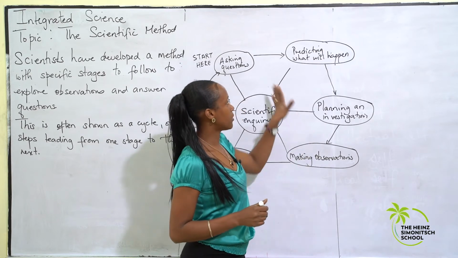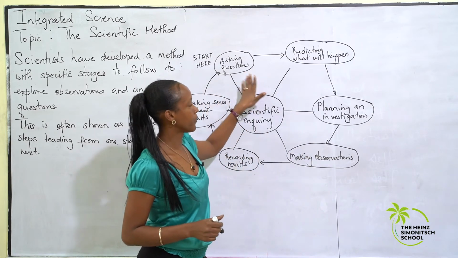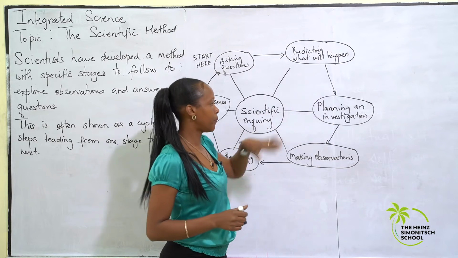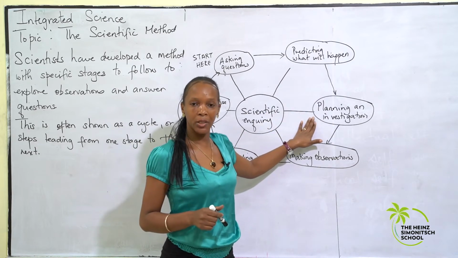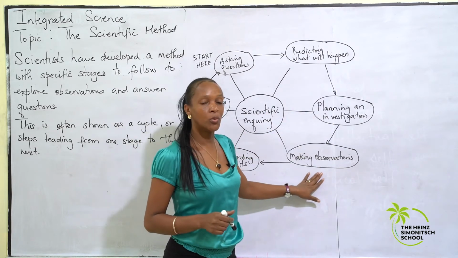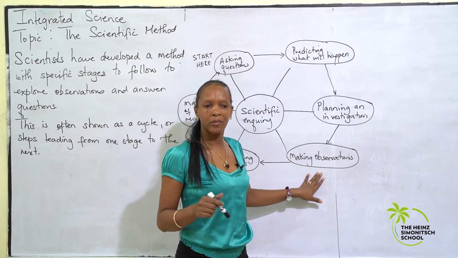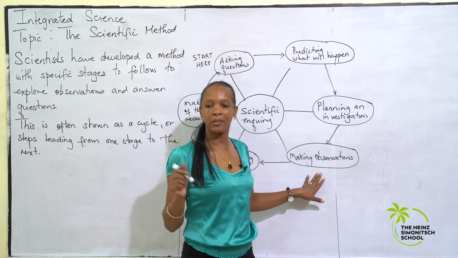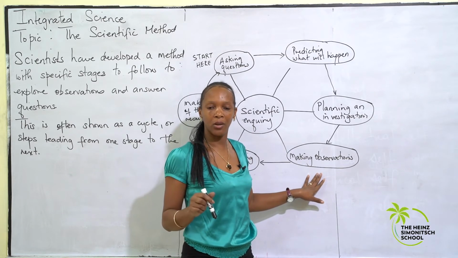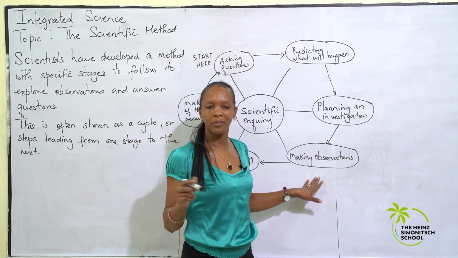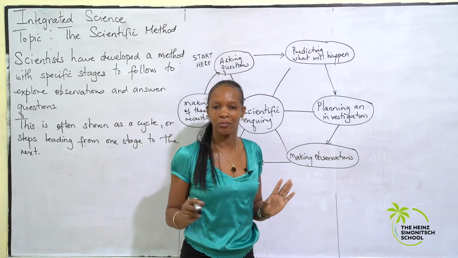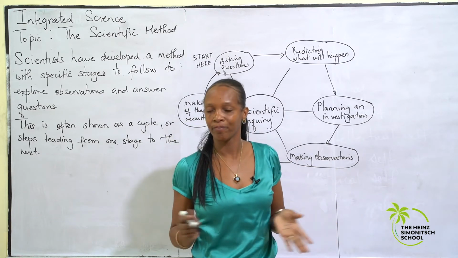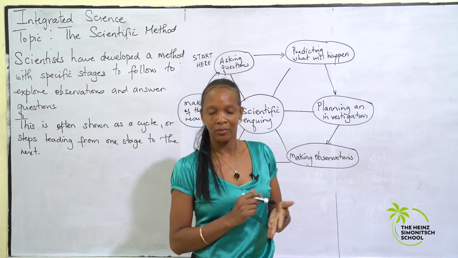Observations. So you start with your question, predict what will happen, make your plan, now you observe. So, day one, you put the seed in the soil in a cup. Day one, you watch it. Did anything happen? No. Record it.